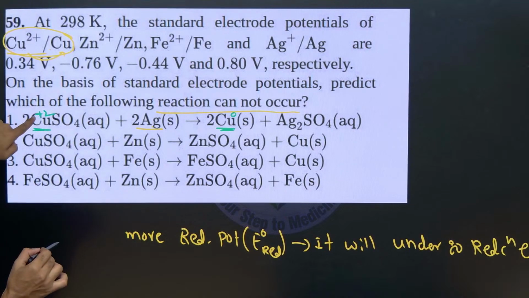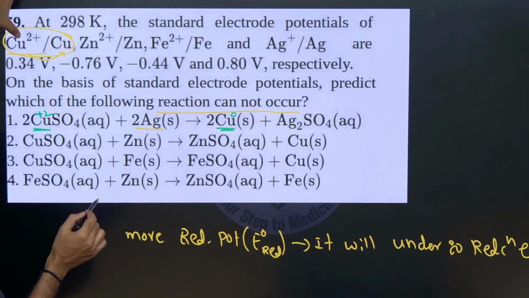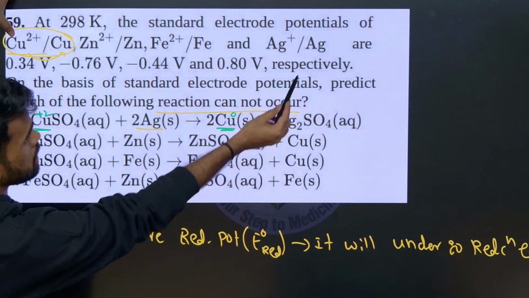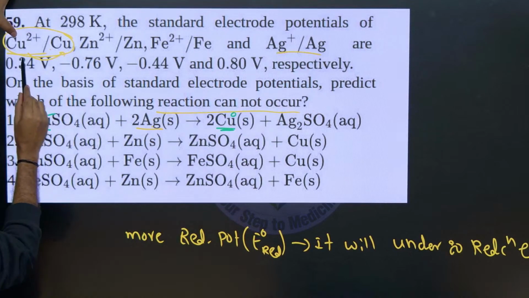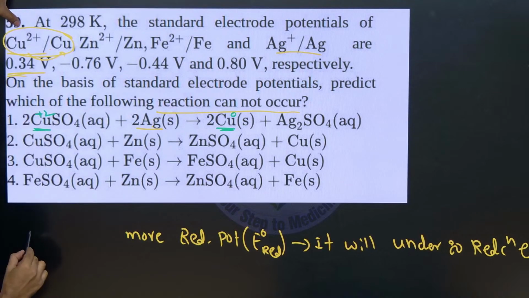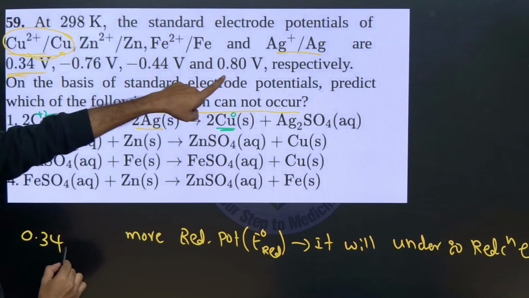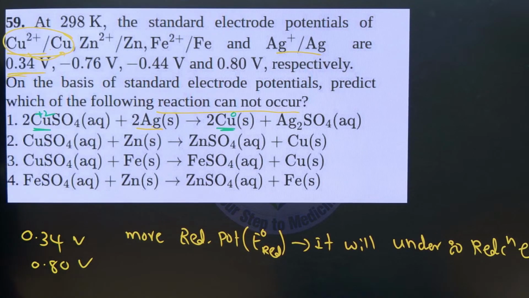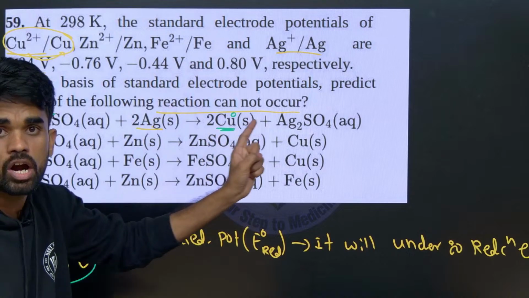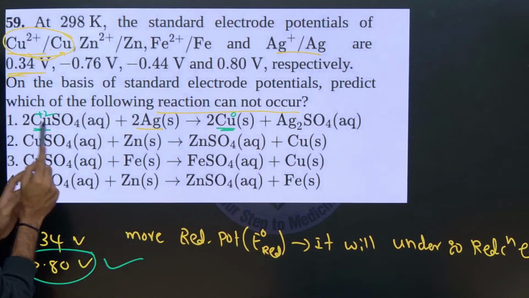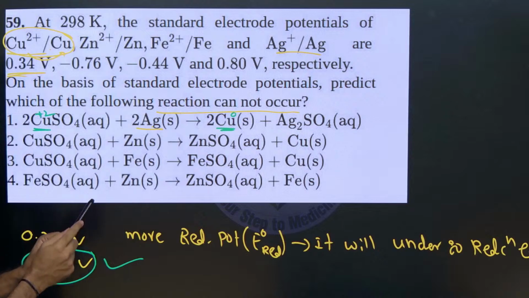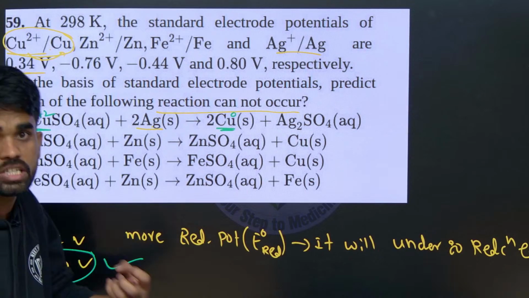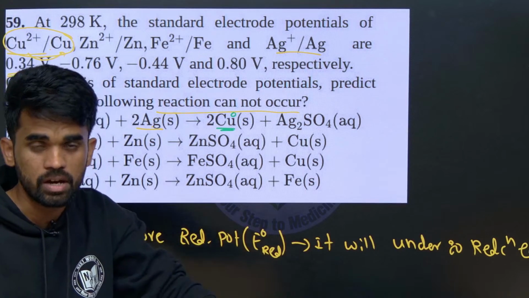So just compare. Copper is the first one in the given options and Ag is the last one. The first value is for copper. What is the value? 0.34, and for silver it is 0.80. So which value is more? The silver value is more. Reduction potential for silver is more. So the reaction does not proceed, because here they mention copper is undergoing reduction, but the one having the more reduction potential value should undergo reduction, not the other one.